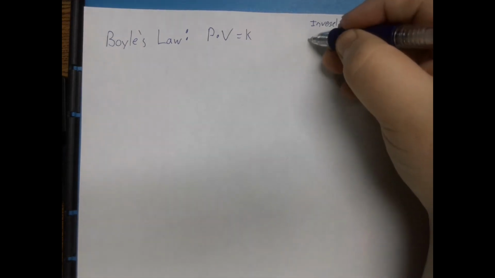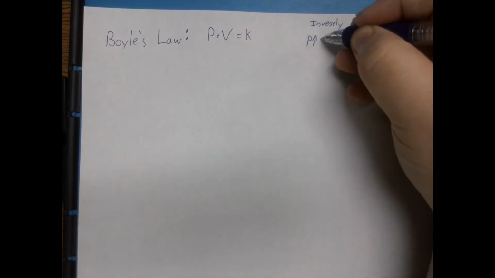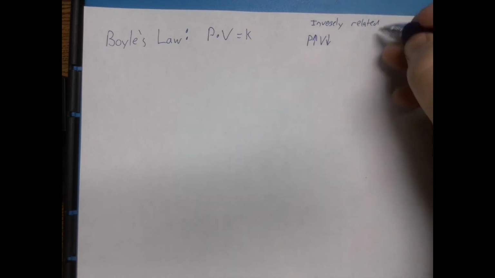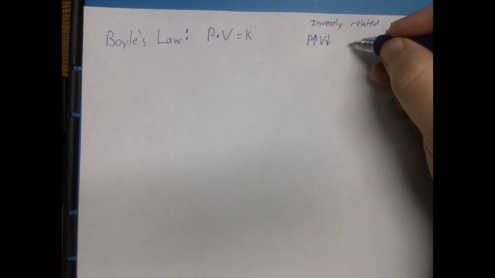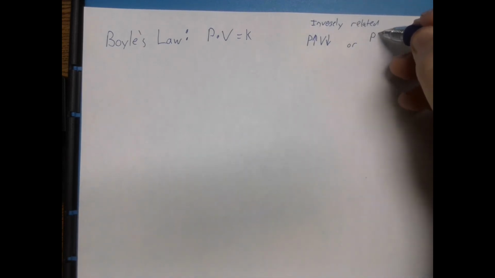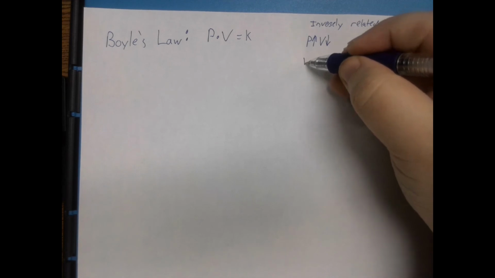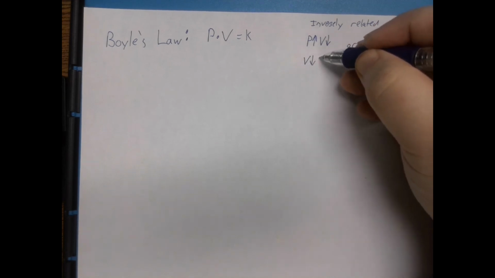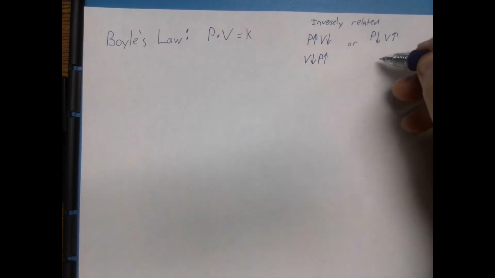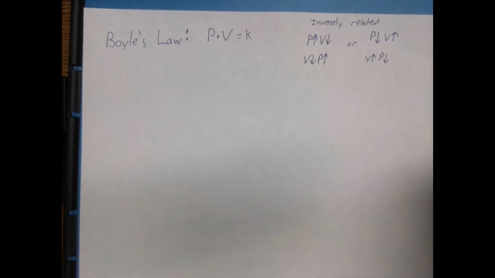What this means is as pressure goes up, volume will go down. Or equivalently, pressure goes down, volume must go up. Or you could even write it backwards, as volume goes down, pressure goes up, or as volume goes up, pressure goes down. Any combination of the four, or the two.